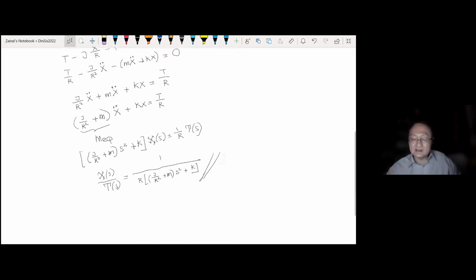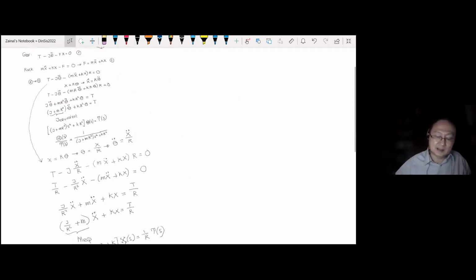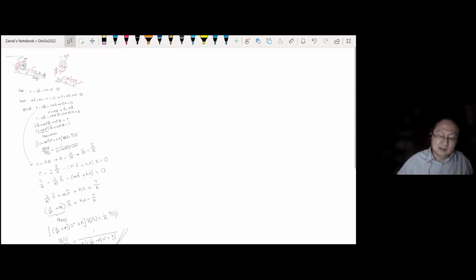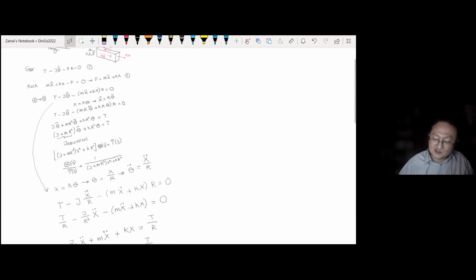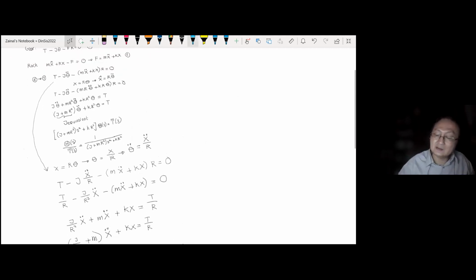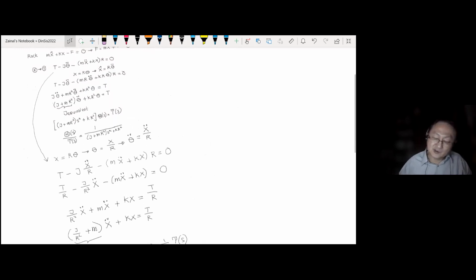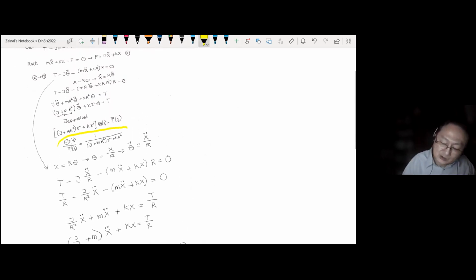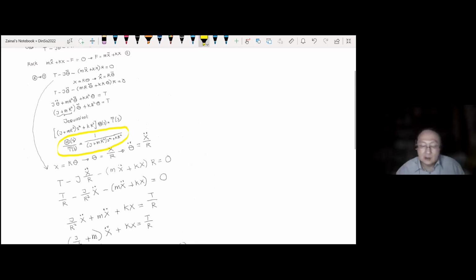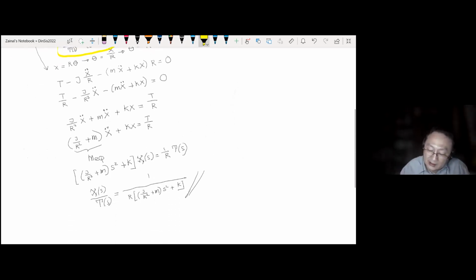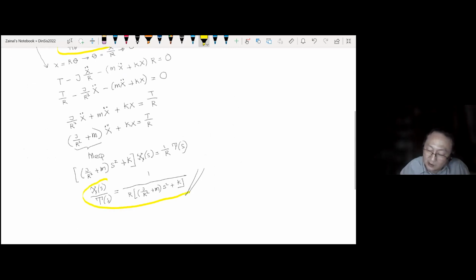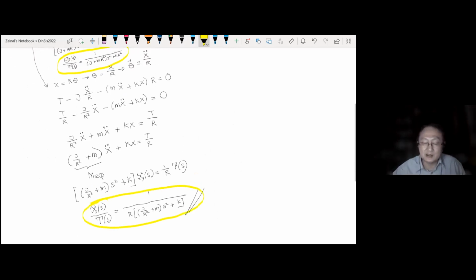So in this case, you can have the transfer function between torque with respect to rotation or displacement.